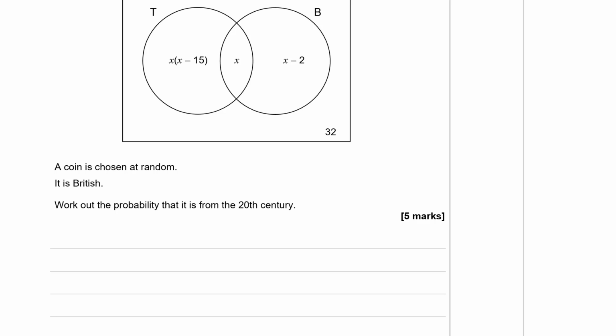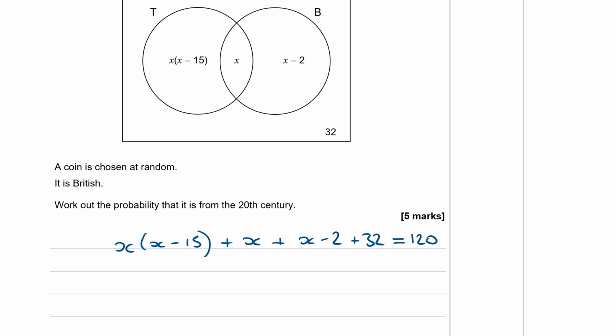All the different regions of the Venn diagram should add up to 120. So we've got x lots of x minus 15, plus the x minus 2, and plus the 32, which is outside both sets, and that is equal to 120.